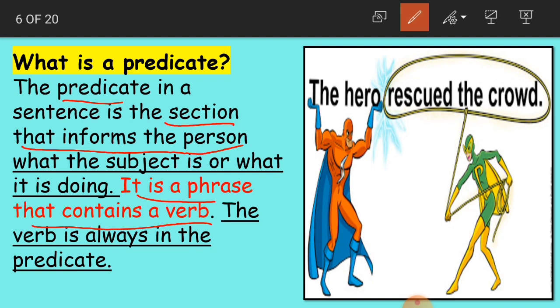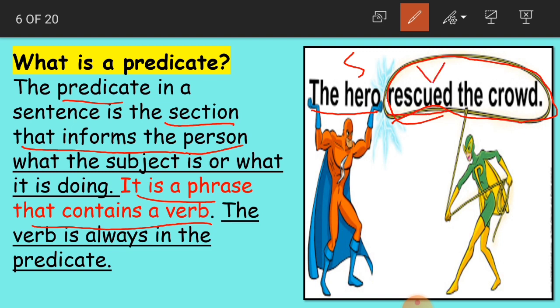It is a phrase. For example, here in the sentence, the hero rescued the crowd. Here the hero becomes the subject. Okay, rescued becomes the verb.